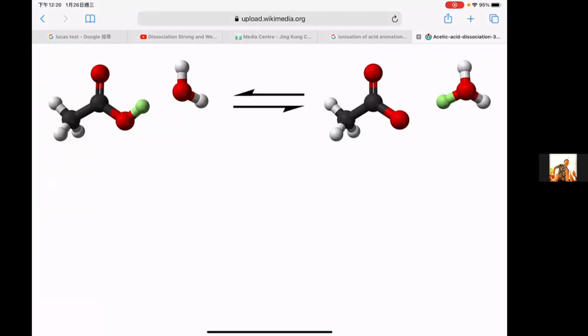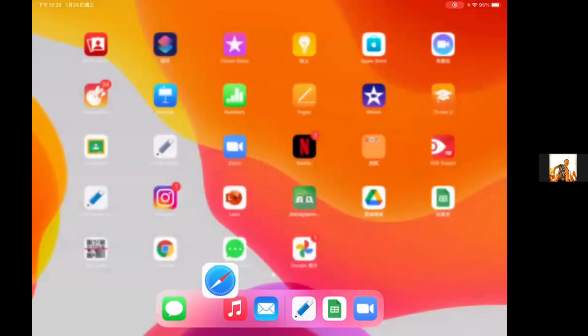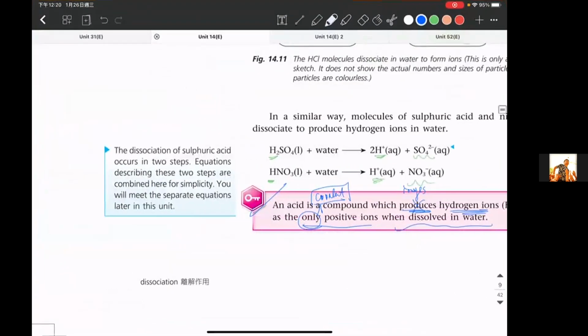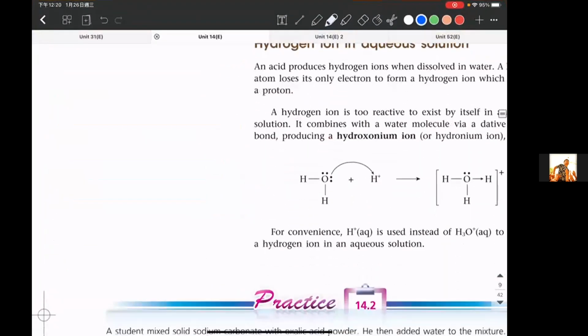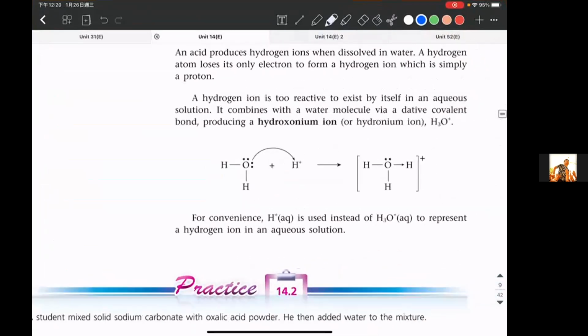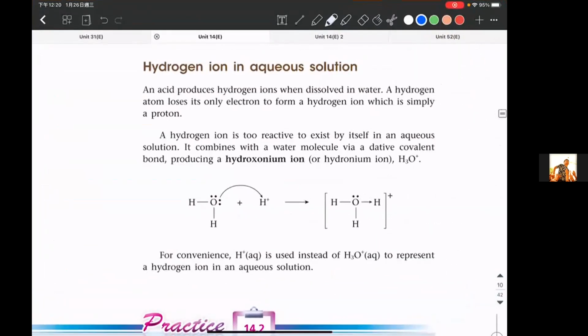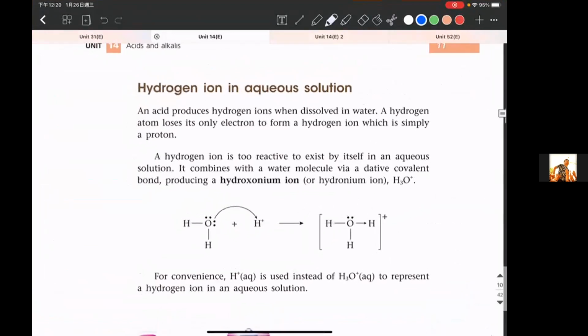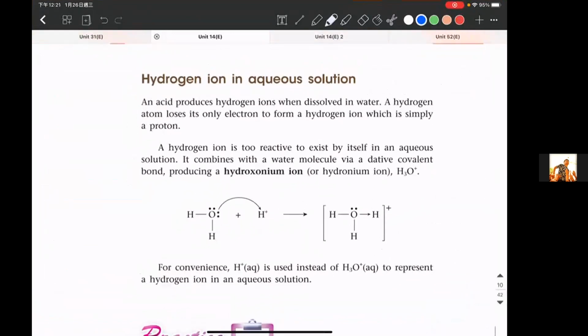Take a look on page 11. What is it? We will call it hydronium ion. Take a look. Hydronium ion. In dative covalent bond, you have heard of this term before. The dative covalent bond is that the hydrogen ion here forms a covalent bond with the lone pair electrons of the oxygen atom.